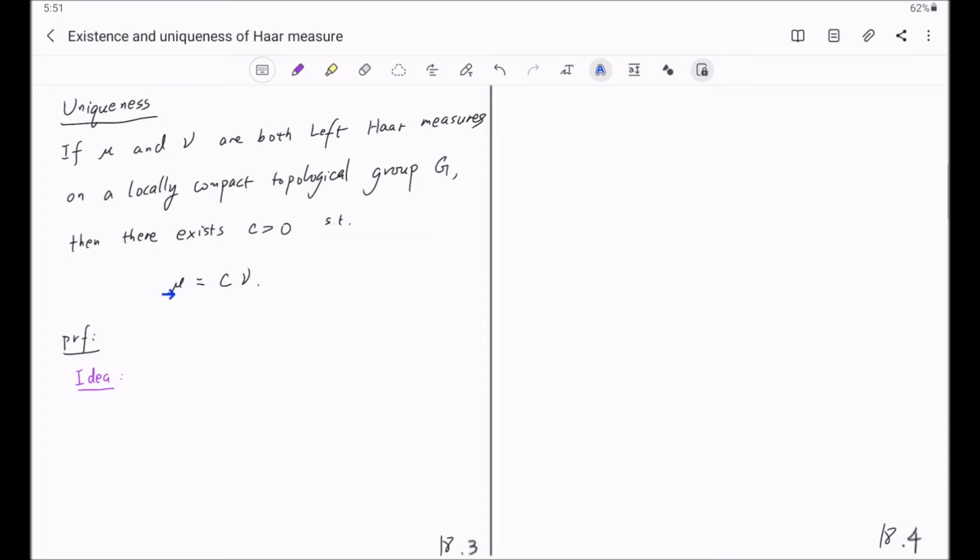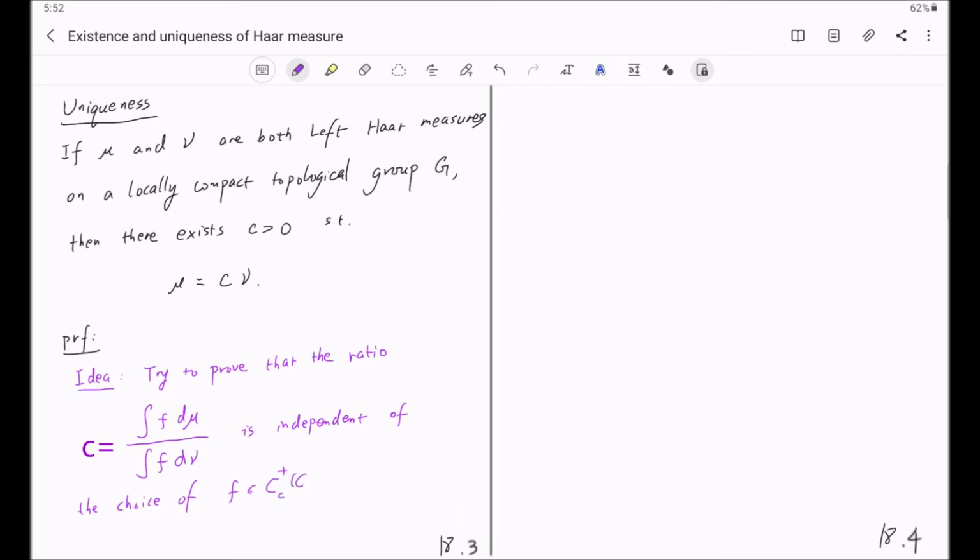Instead of working with the measures directly, we'll try to prove that the ratio, the integration of f against mu over the integration of f against nu, is independent of the choice of f in C_c^+(G).